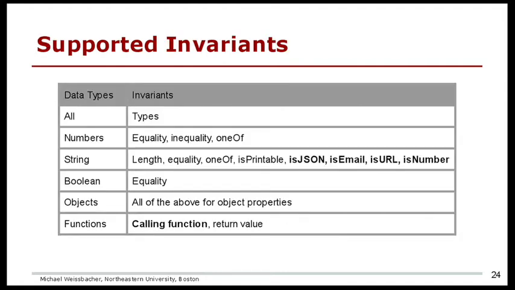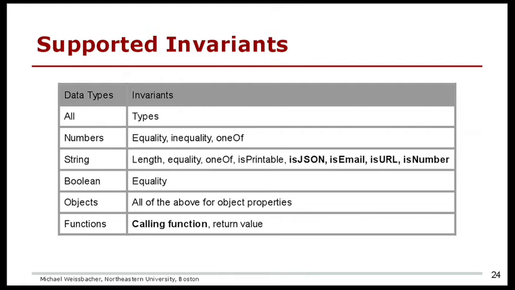Okay, so for invariants, we support the standard invariants from Daikon, but we added our own to make this more fitting for this client-side validation problem. For example, we extended the string detection to check whether a string is actually a JSON string, whether it's an email address or URL or, in fact, a number.